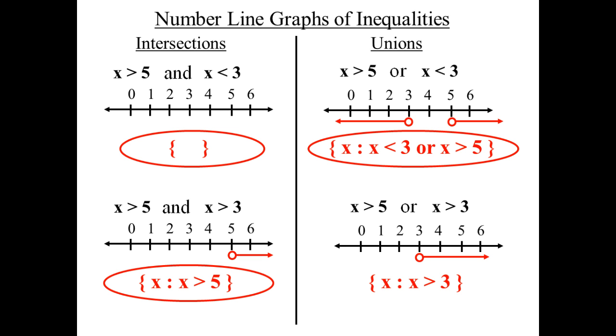What numbers are greater than, like on a number line, if I did this, this is like 4, 5, and 6. What numbers are bigger than 4 or they're less than 6? Okay. Bigger than 4 or less than 6? Well, every single number is bigger than 4 or less than 6. That'd be like all real numbers because every number works.